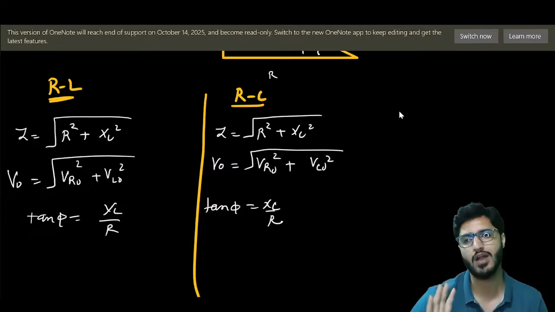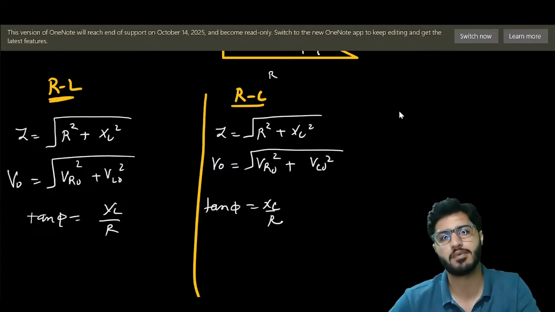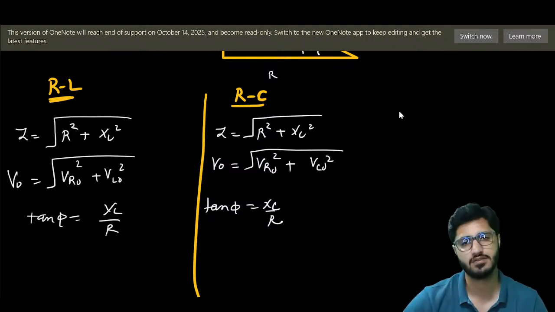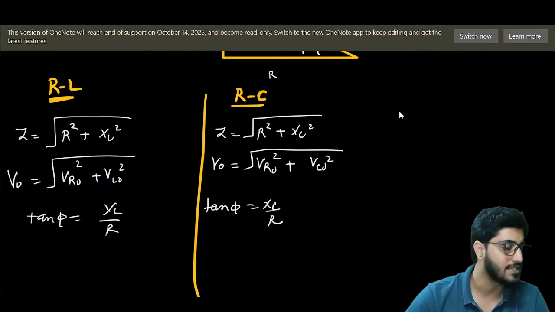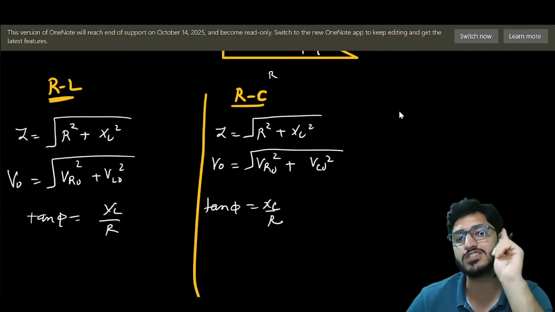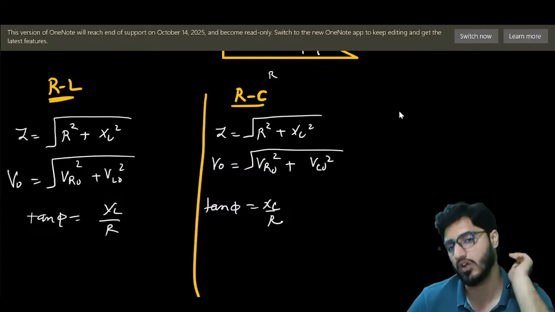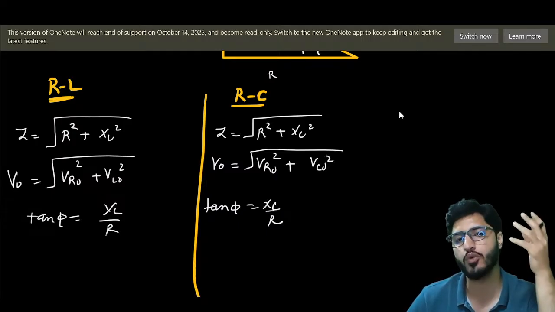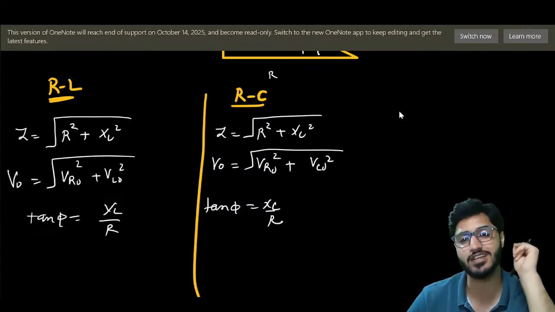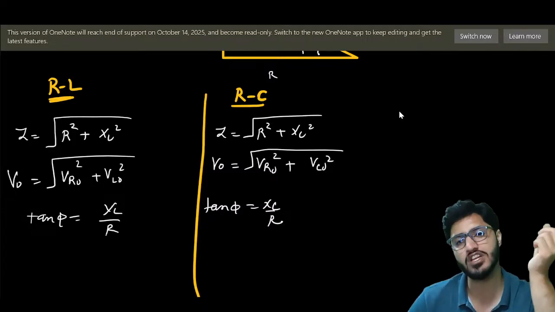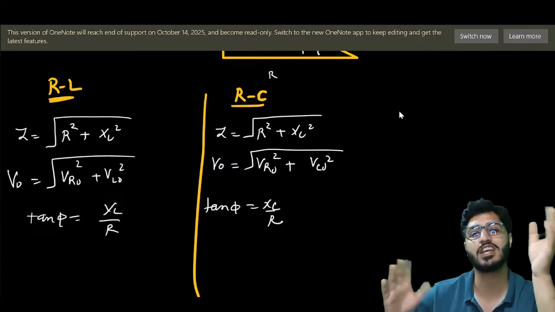You need to remember only the LCR circuit, then after the LCR circuit, we have these things. The LCR circuit is not completed yet, because we only discussed one case in which my VC naught is more than VL naught, the potential across the capacitor is more than the potential across the inductor. There will be a case when the capacitor potential equals the inductor potential. That is the resonance case.